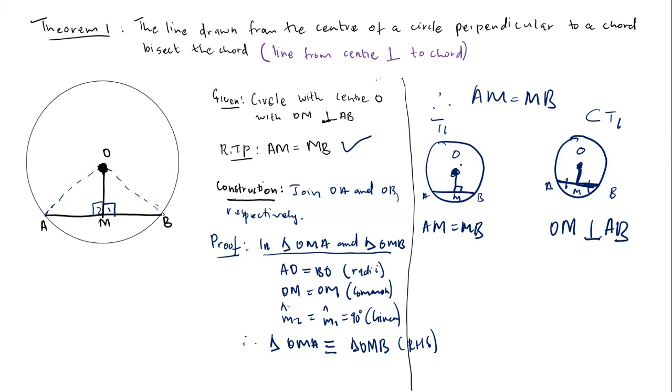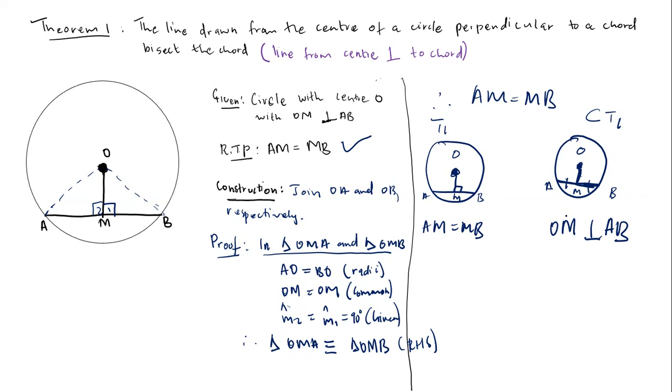But here, what is given is perpendicular. Here, what is given is that AM is equal to MB. So if you are told that AM is equal to MB, that means OM is perpendicular to AB. This is the converse of theorem number 1.